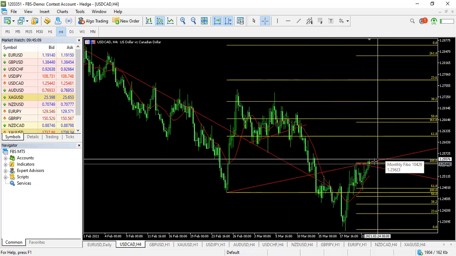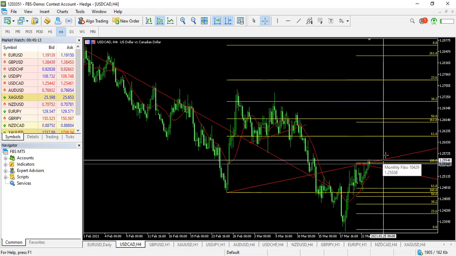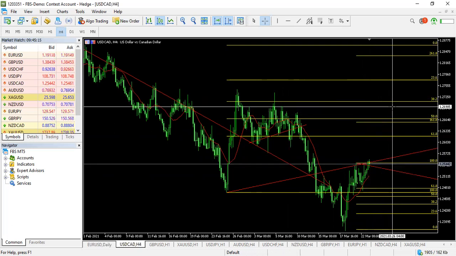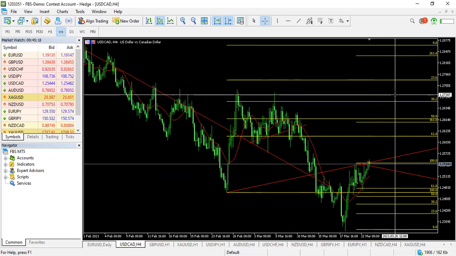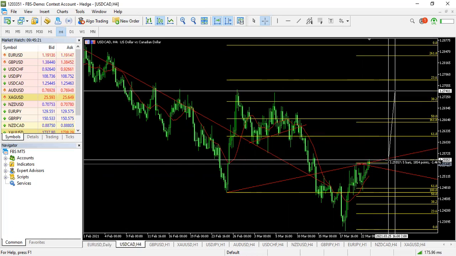And it's also acting as a strong resistance at the same time. So should we get a break above and a retest, I'll be looking to buy the pair up to 127.40. But for now, we just let it be and see what happens next.